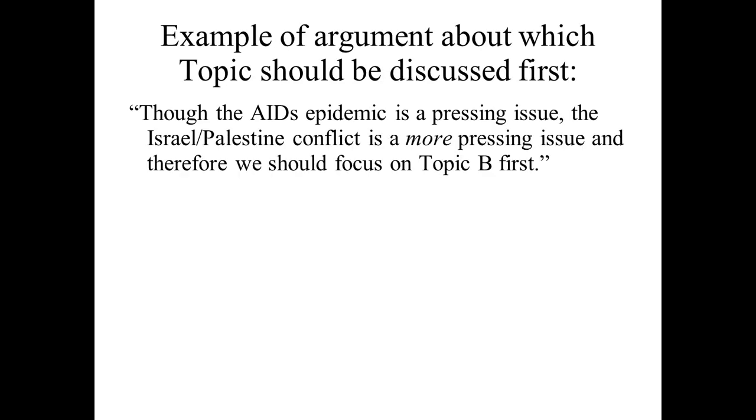Okay, here's an example of an argument about which of the two topics should be discussed first. This is always the very first question in debate. First, the Yale student will say, can we have some students speak in favor of discussing topic A first? Can we have some students speak in favor of why topic B should be discussed first? Essentially, you always just want to say that one issue is more pressing than the other.